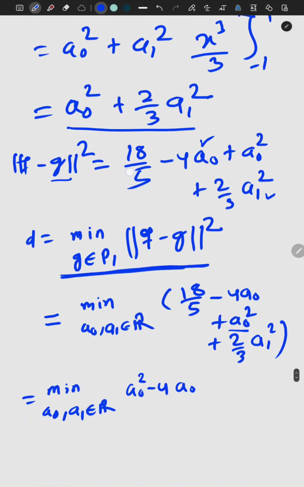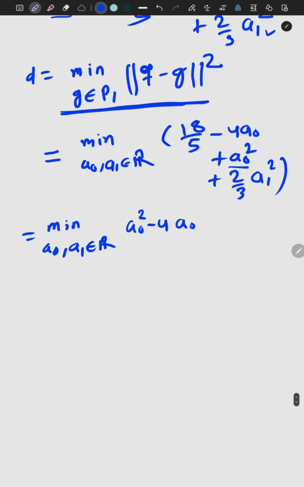So finally, when we put it in, it is not a0 square, it is 2 a0 square. So it gives 2 a0 square minus 4 times a0 plus 18 by 5 plus 2 by 3 a1 square.